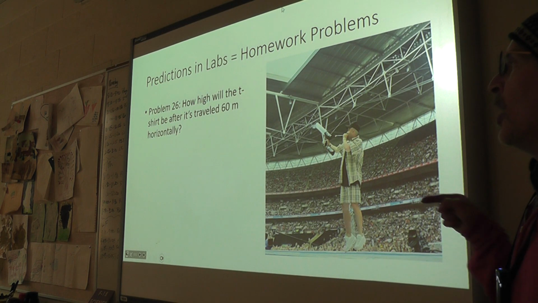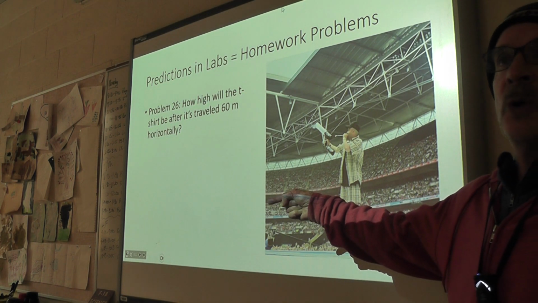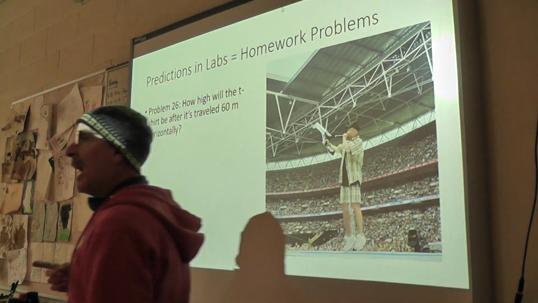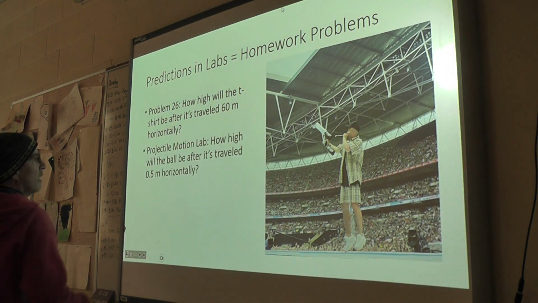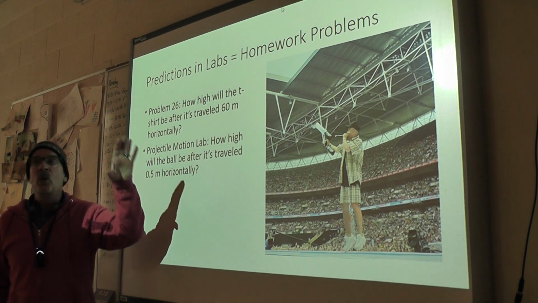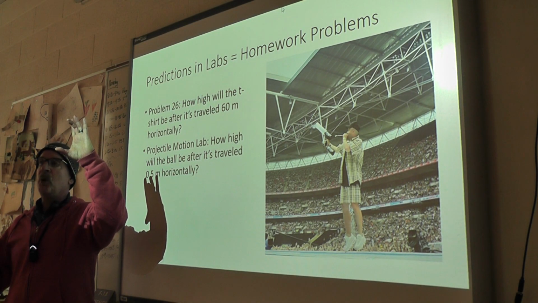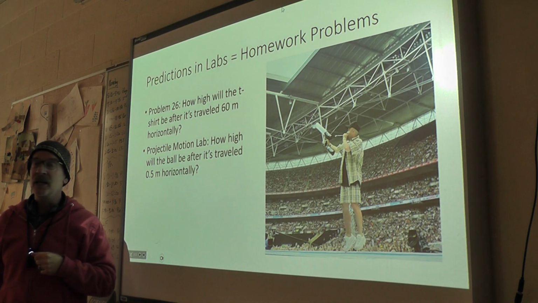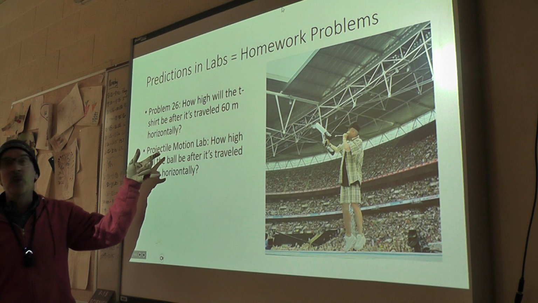And we know how far the t-shirt goes horizontally. It goes 60 meters horizontally. In the lab, I ask you where to put a hoop so that a ball goes through it after it's traveled a half a meter horizontally. This is the same problem.